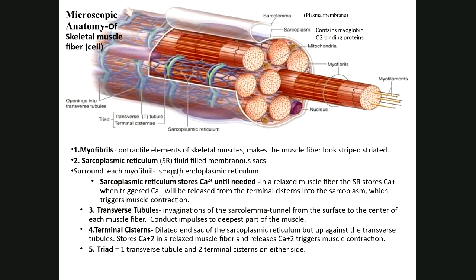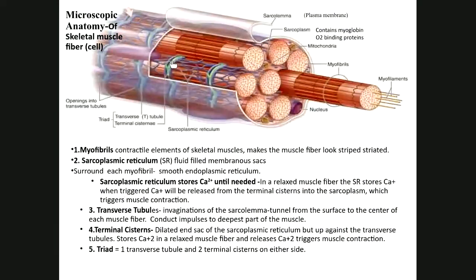But in our skeletal muscles, the sarcoplasmic reticulum stores calcium. And we'll learn that calcium is needed to initiate muscle contraction. So calcium is stored in the sarcoplasmic reticulum until stimulated to trigger its release out of the terminal ends of the sarcoplasmic reticulum, which are right here, and they're called terminal cisterns, okay?